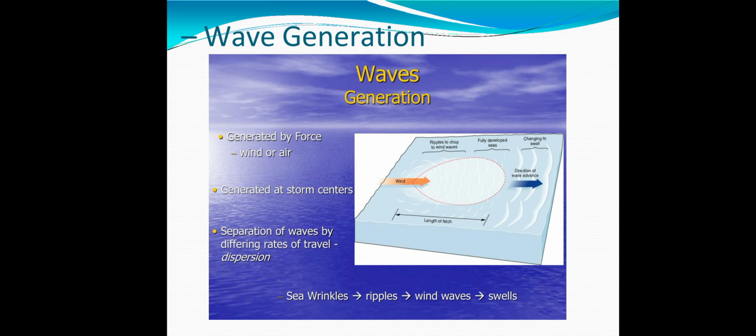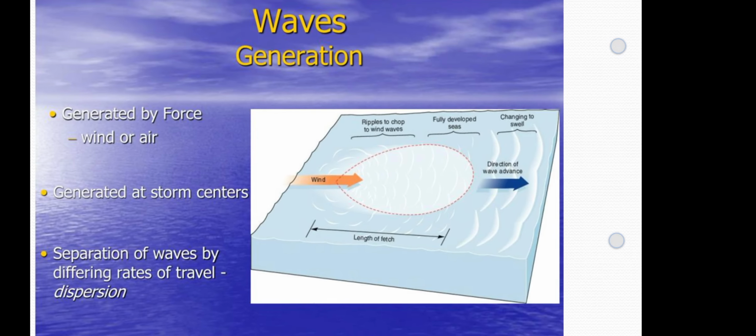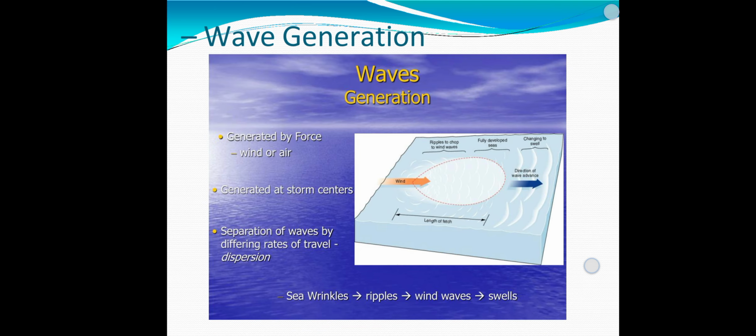Now here is a pictorial diagram where we can see that because of the frictional force, a circular motion is created in the center of the wave, and waves separate by differing rates of travel, called dispersion. So what does it mean?